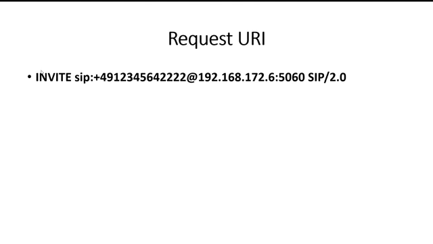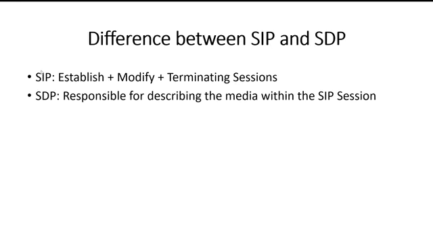If it's secure SIP, it will be 5061, TCP or UDP. Mostly the providers will say, okay, TCP is a secure way of communication, so it's better that you use TCP and not UDP. And then it has a SIP version. So in this case, it's SIP version 2.0. All right. So this is the exact first line that you will see in my first SIP message.